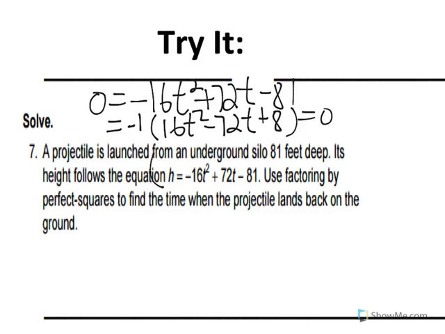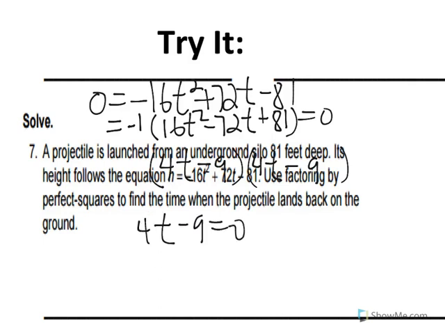So then this one can be factored, saying 4t and 4t, and my mistake, that's an 81, so I can have a negative 9 and a negative 9. Right, so the answer will be 4t minus 9 equal to 0, so t equal to 9 over 4 seconds.